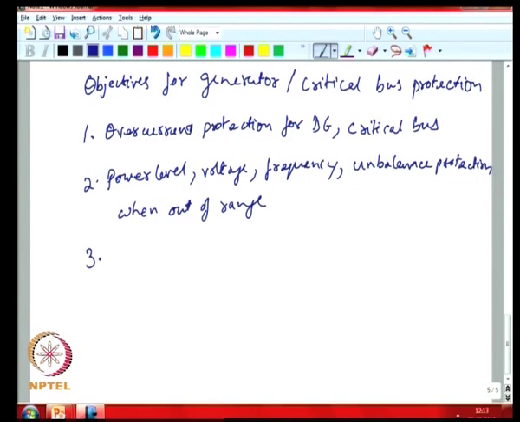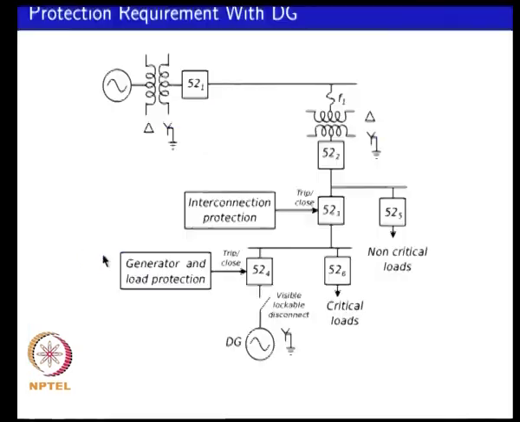resynchronization. Say, for example, you might have a situation where the DG, for some reason, might be disconnected, and your power is being fed through the grid to your loads. Once you want to reconnect it, you might operate your circuit breaker to resynchronize this machine back to this bus. When your frequency, voltage amplitude and phase are right, you connect back and resume operation with the DG.